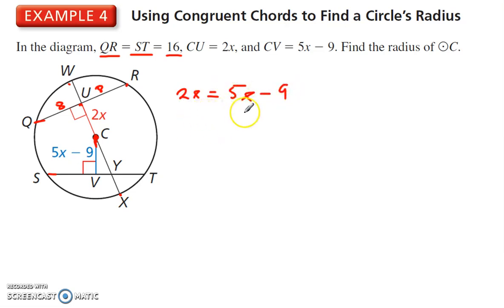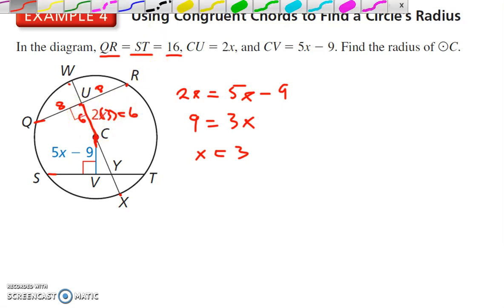So we can solve here. Subtract 2x, we get 3x equals 9, and x equals 3. So 2 times 3 gives me 6. So this is 6.